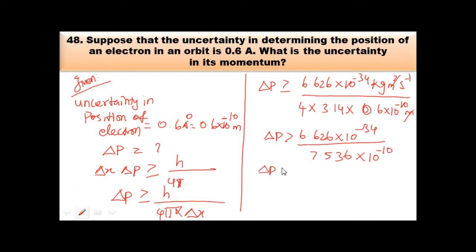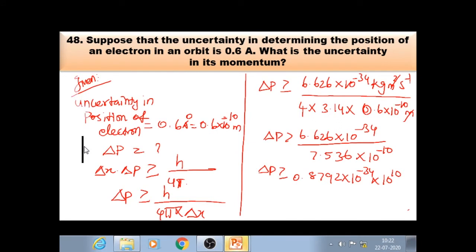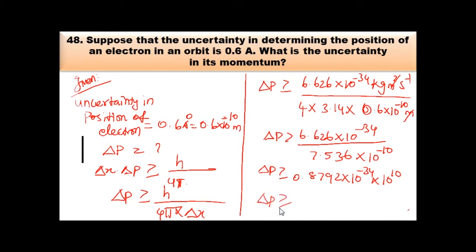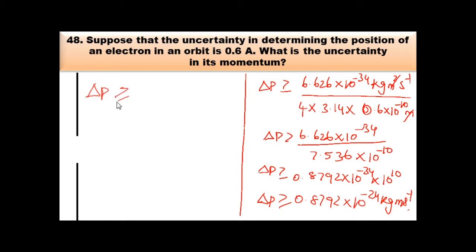So the delta P is greater than or equal to 0.8792 multiplied with 10 power minus 34 and then 10 power plus 10. So the delta P is greater than or equal to 0.8792 into 10 power minus 24 kilogram meter second inverse. So the answer, delta P, is equal to 8.792 into 10 power minus 25 kilogram meter second inverse.